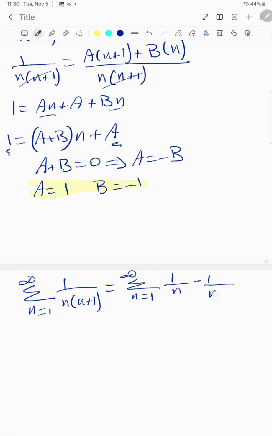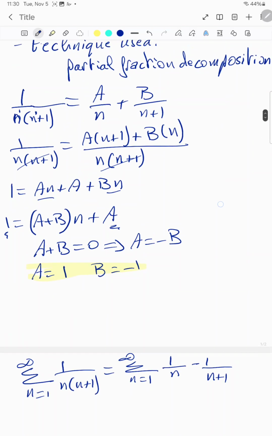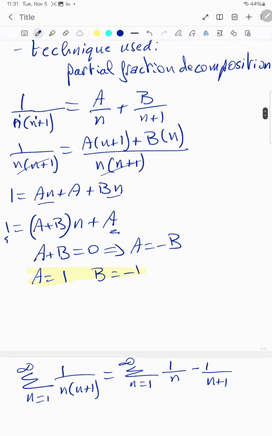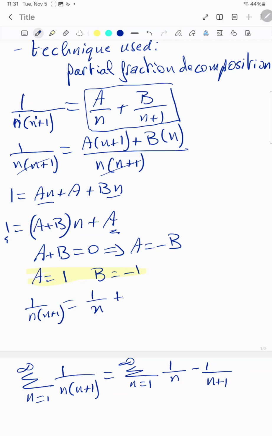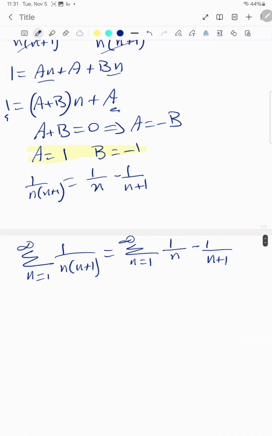Because here I found a equals 1, b equals minus 1, so I can write 1 divided by n times n plus 1 is equal to 1 divided by n minus 1 divided by n plus 1. And here I replaced 1 divided by n times n plus 1 by 1 divided by n minus 1 divided by n plus 1.